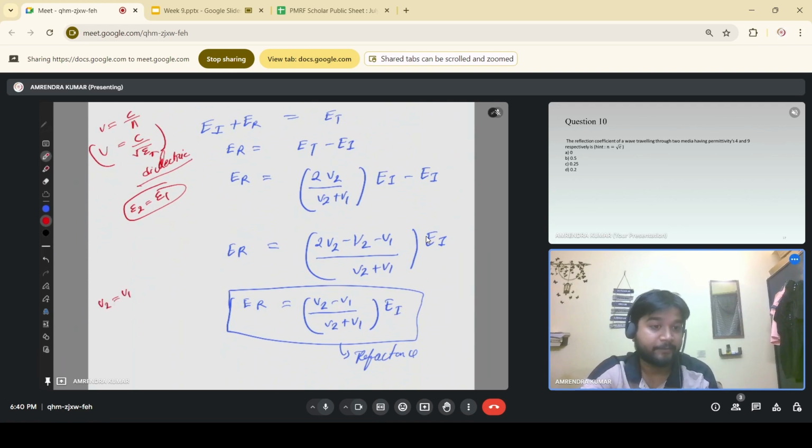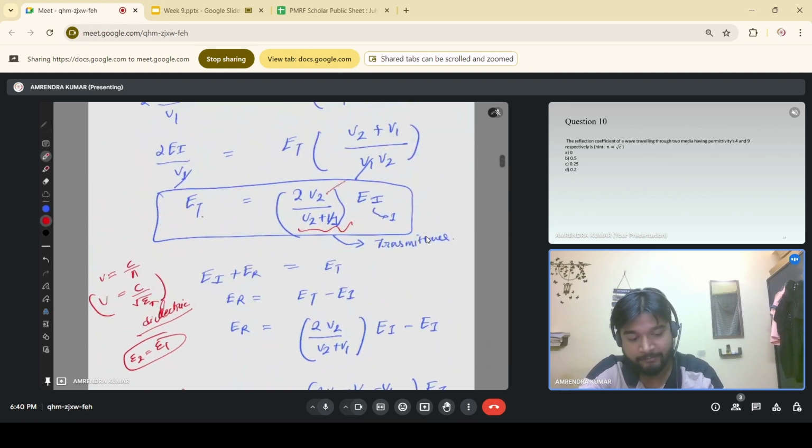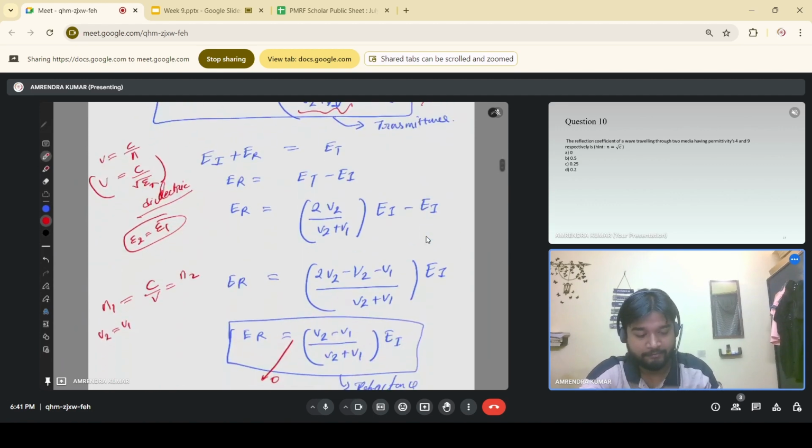So epsilon 2 is epsilon 1, that means V2 is equal to V1, for the variable c by v is the same, right? N1 equal to N2, so both media will have the same velocity. So you can immediately see that this is 0. But you can see from here that this will now become twice V over twice V. Both, this is 1 and this is 0.